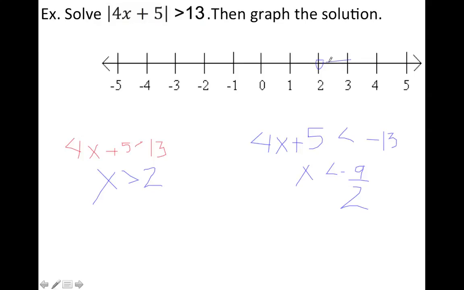It's greater than, so we shade to the right. And then negative 9/2 is negative 4.5, so plot a point somewhere in between 4 and 5. And it's less than, so we shade to the outside. Notice how we shade to the outside, we didn't shade in the middle. So anytime you start with a greater than symbol, it will be an or inequality, so we shade on the outside.